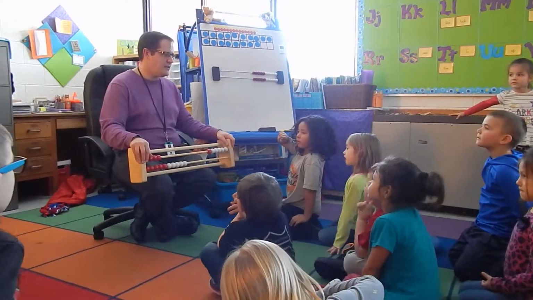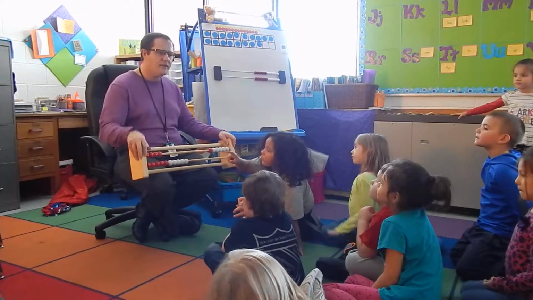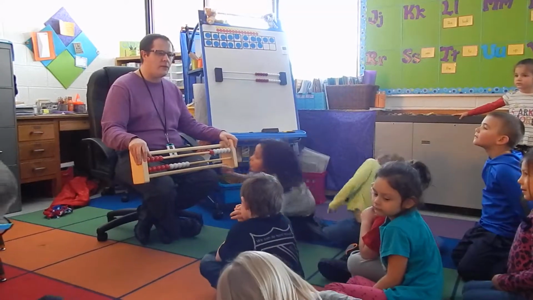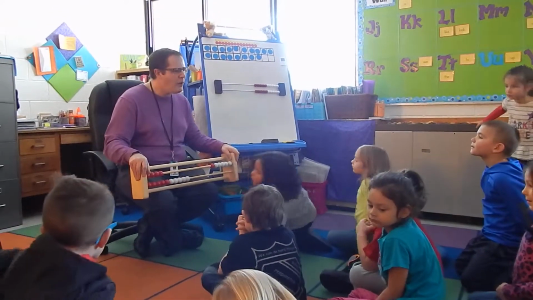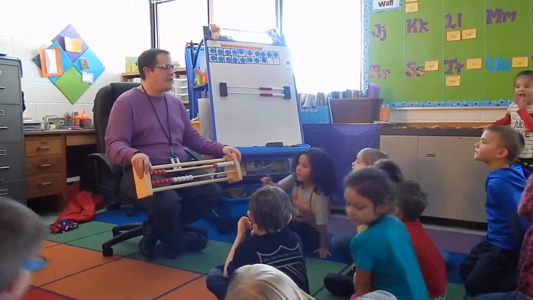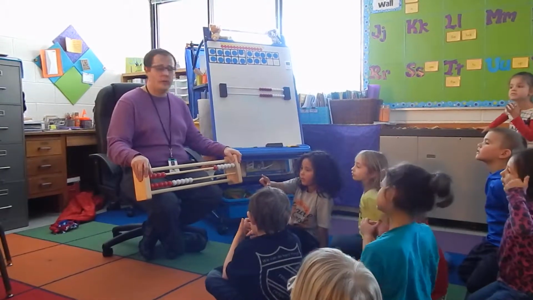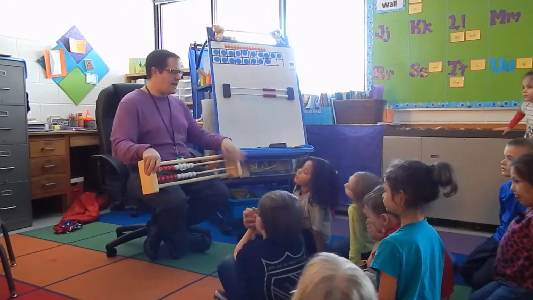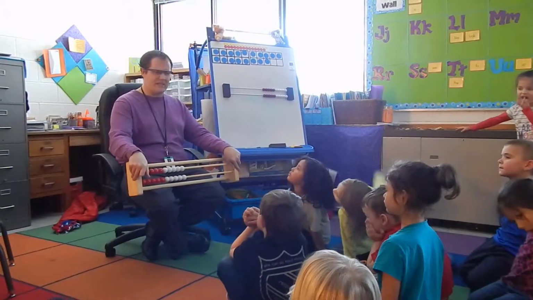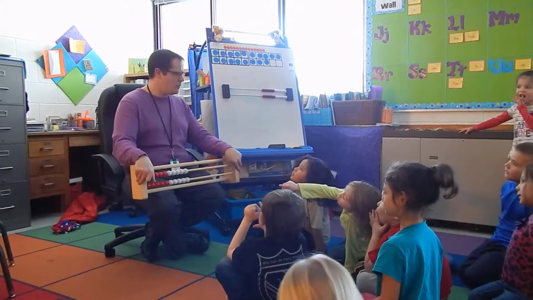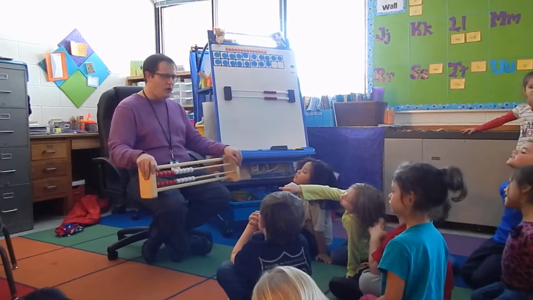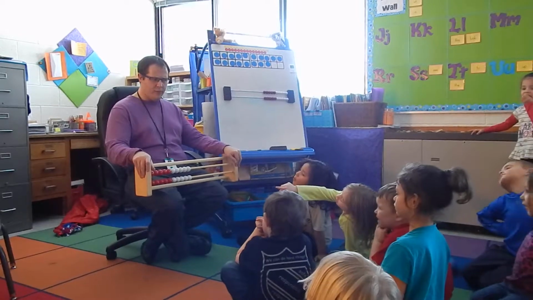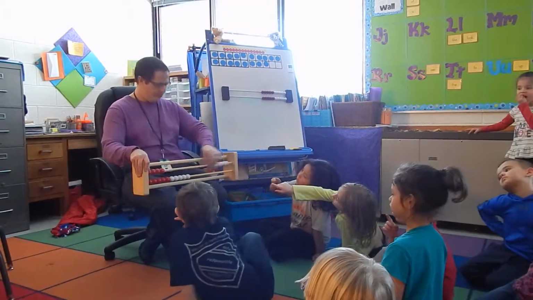So you know what? What actually needs to be done is that I have to do a better job of telling you which ones I want you to count. I want you to count the ones that I move. And I only want you to count the ones that I move. So let's do it again. And now we'll decide, do we think the answer is 6 or do we think it's 4? Ready?